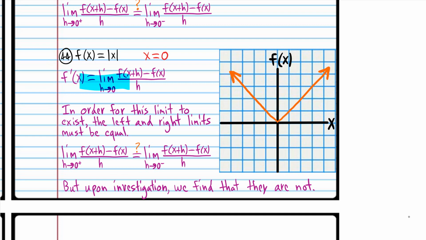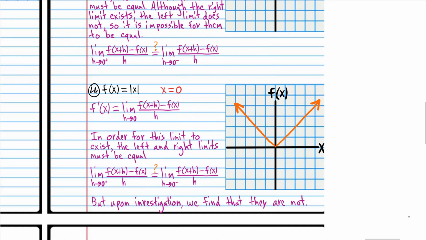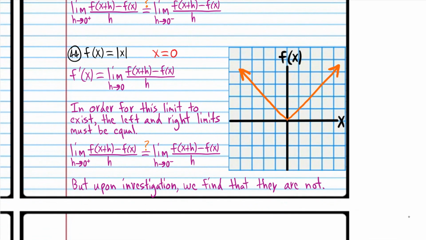Well, again, we'd use the definition of the derivative. And in this case, it turns out that the left limit and the right limit both exist. So in the previous problem, one of the limits actually didn't exist, but in this problem, they both exist, but the problem is they're not equal to each other.